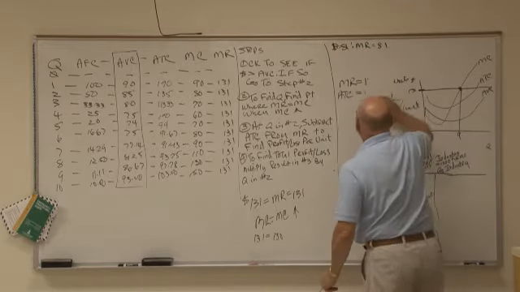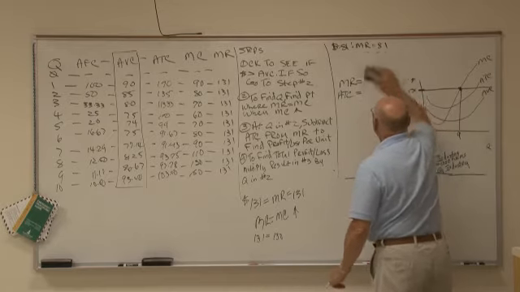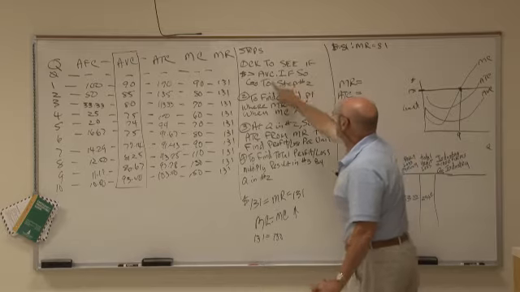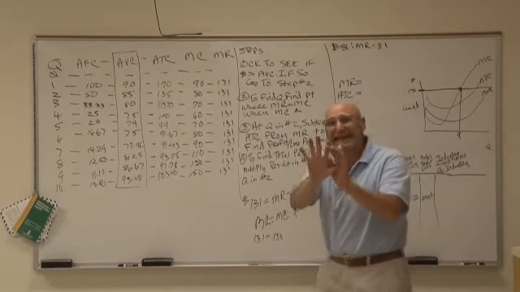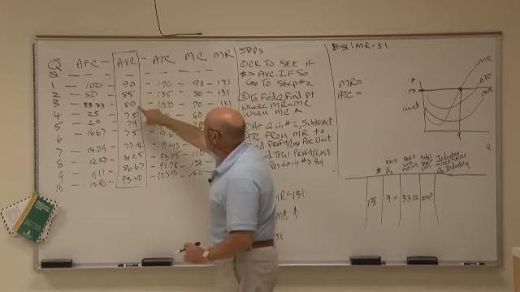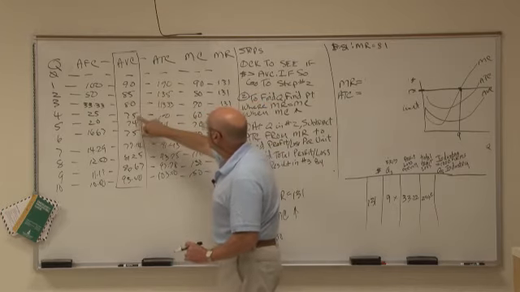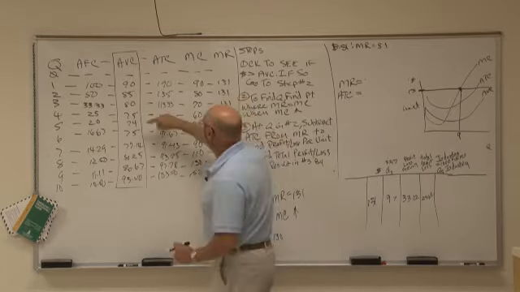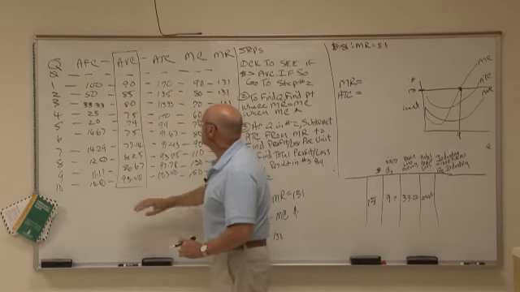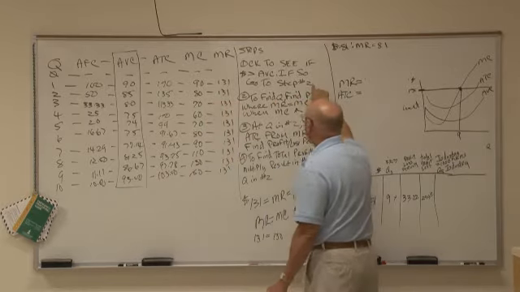The first thing that I'm going to do is check to see if my price of $81 is greater than my average variable cost at any point. Well, if we take a look at this, I see that my price of $81 is greater than any of these numbers in this particular column. So I'm going to go to step 2.